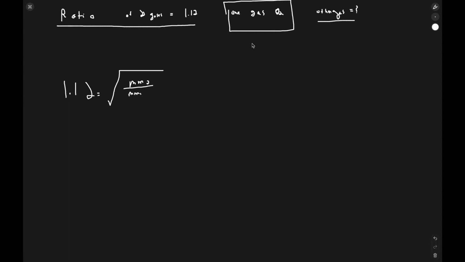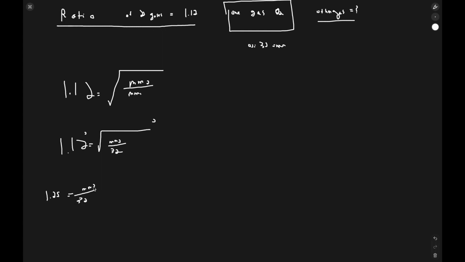So the molar mass of O2 is 32 grams per mole. So that's MM1. So it's 1.12 equals the square root of the molar mass of the second gas divided by 32. Now, how do you solve for the molar mass of 2? Well, you square both sides, and then you get 1.25 equals molar mass over 32.